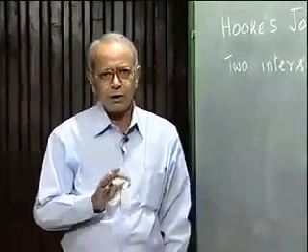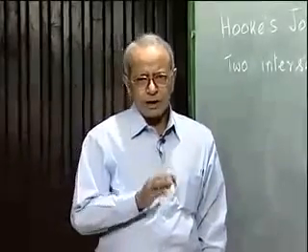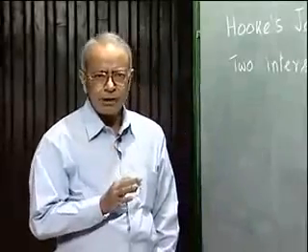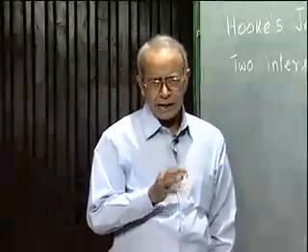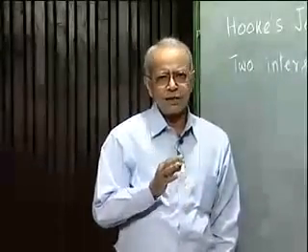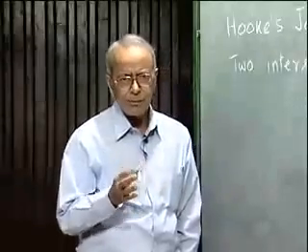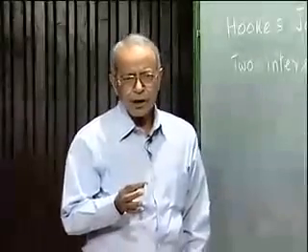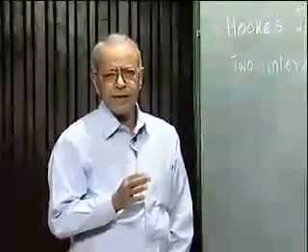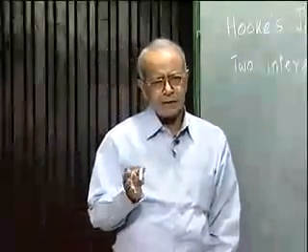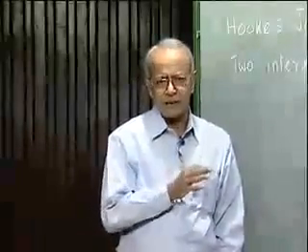Let me now summarize what we have discussed today. We started our discussion with a simple steering mechanism called Ackermann steering mechanism, which is nothing but a 4R simple planar linkage, a symmetrical linkage such that identical turn can take place for the right hand turn and left hand turn.